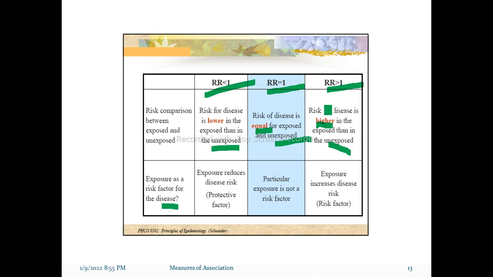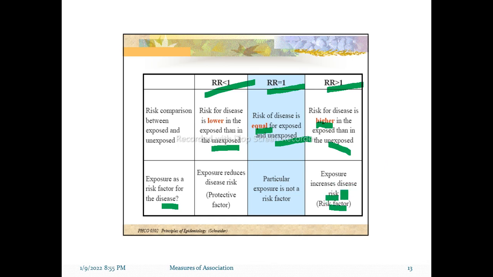But with relative risk greater than 1, exposure increases the disease risk. That means it is a risk factor having a harmful relationship. As exposure increases, the occurrence of disease also increases. If you smoke more, in dose and in frequency, smoking more daily and in greater amount, the risk of developing coronary heart disease will increase.